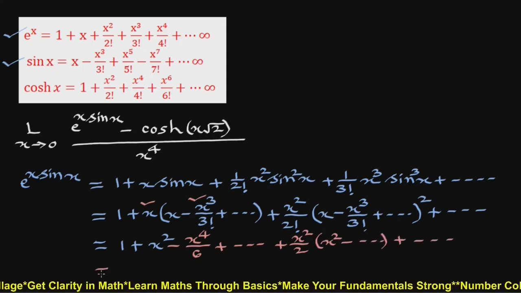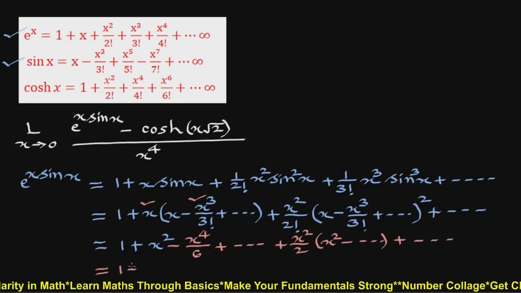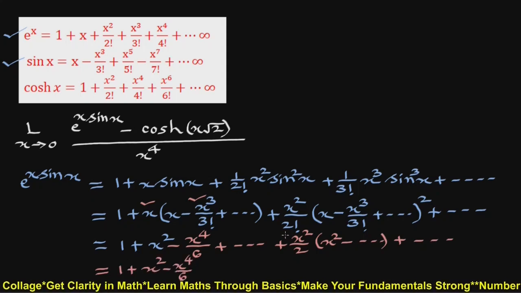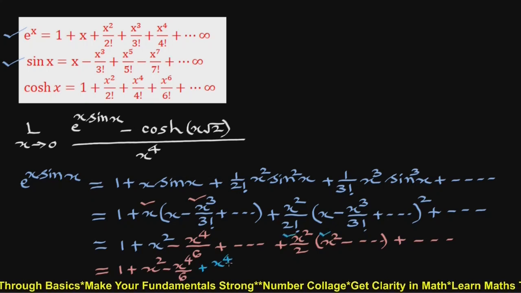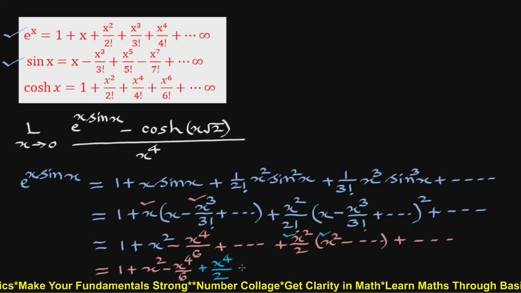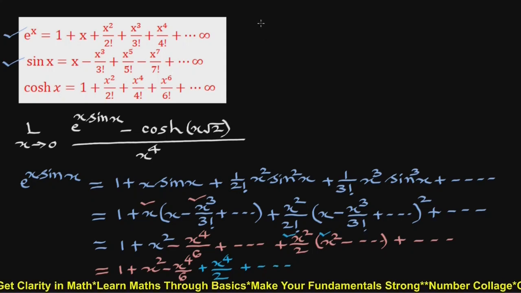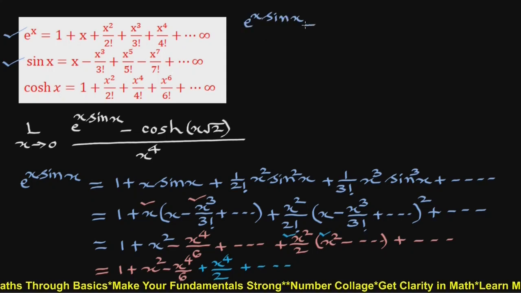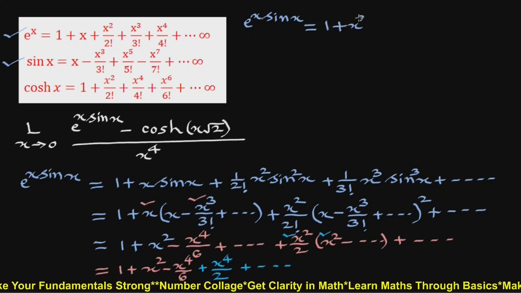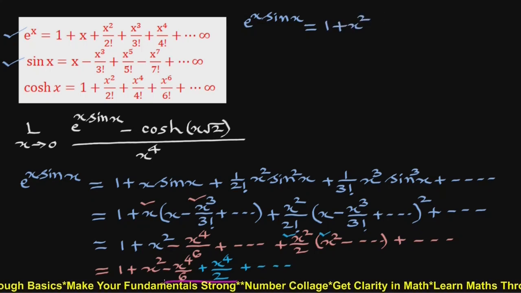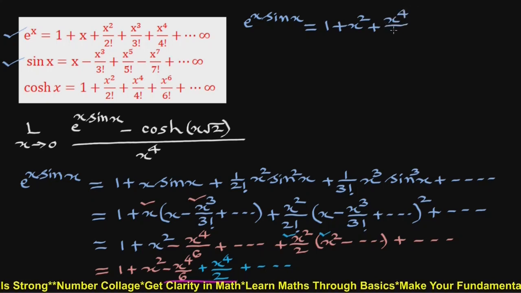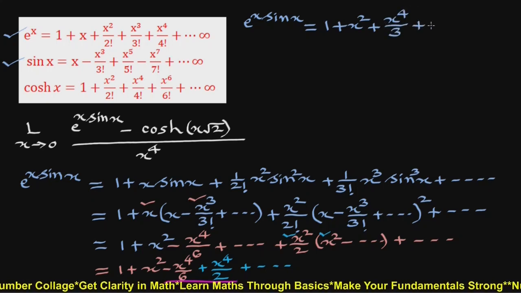Which is 1 plus x square minus x raised to 4 upon 6 plus this product x raised to 4 upon 2 plus so on and so forth. So finally e raised to x sin x will be 1 plus x square, and addition of these two terms gives plus x raised to 4 upon 3 plus so on and so forth.